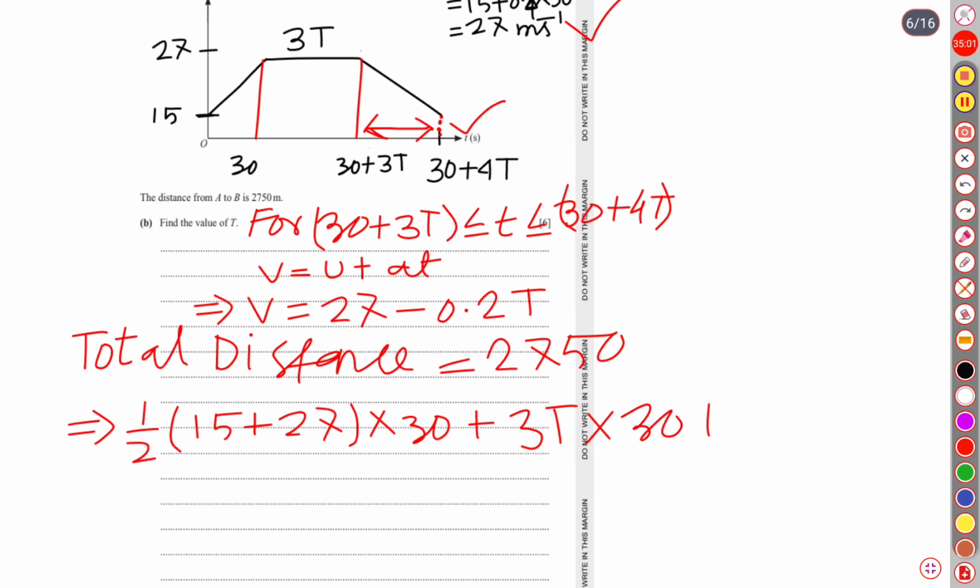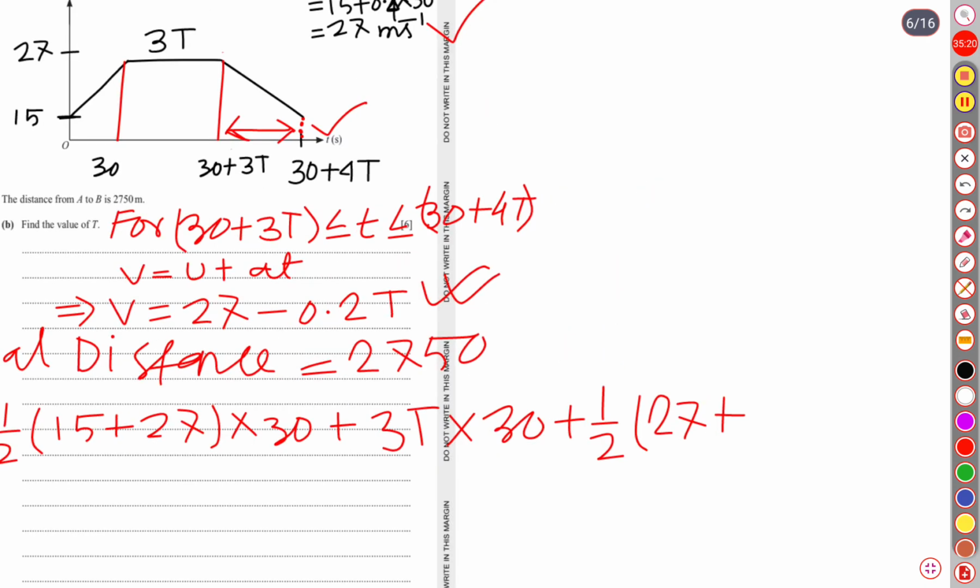After that, for the third trapezium, it is the sum of the parallel lines. One is 27, and another smaller one we have just found as 27 minus 0.2t, then into the distance between these two, which is actually t.